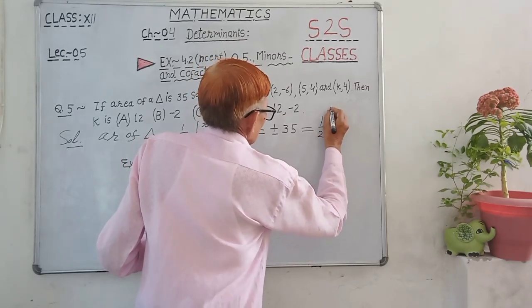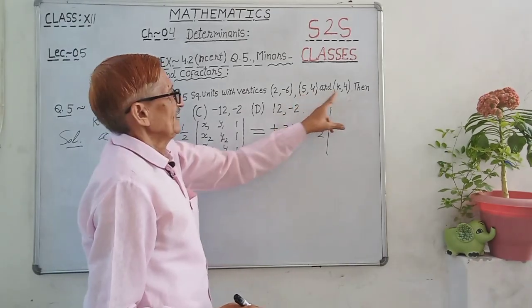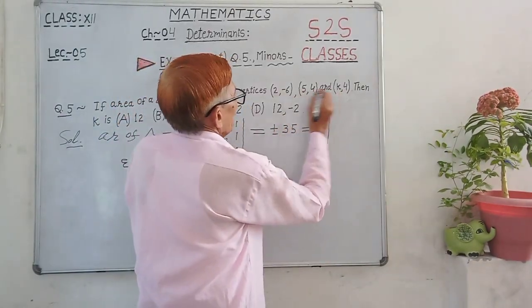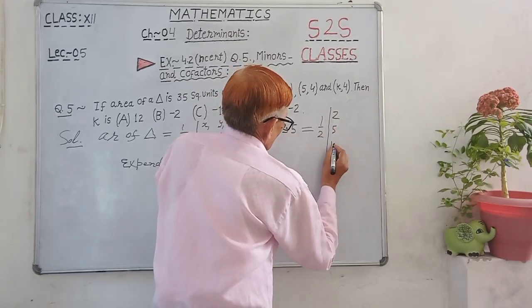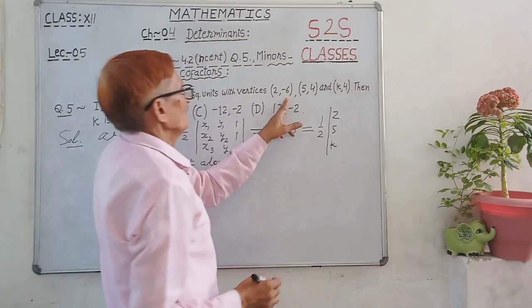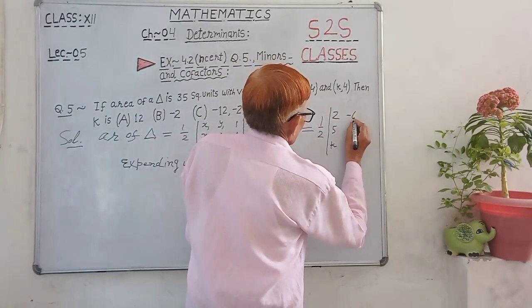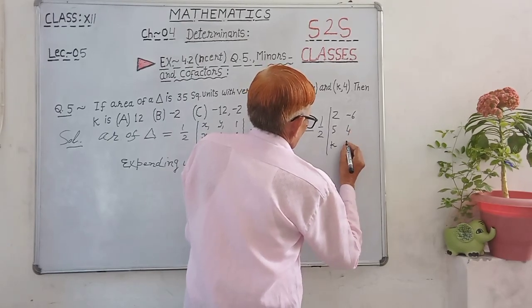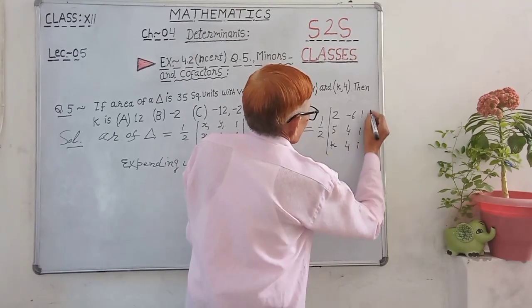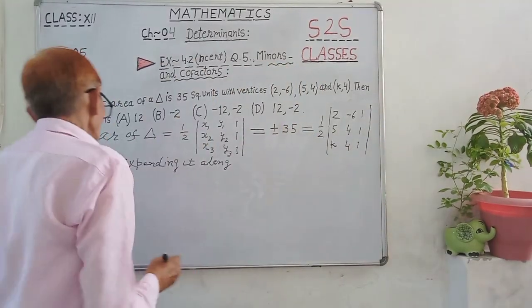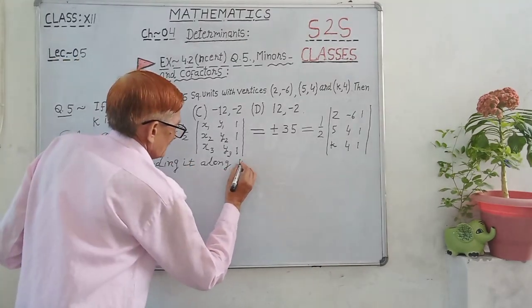Half of the determinant with first row 2, 5, k, second row -6, 4, 4, and third row 1, 1, 1. Now simplify, expanding it along R1.